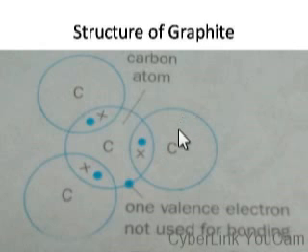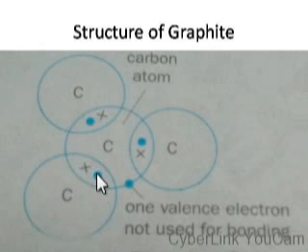These shell diagrams will show you how each carbon atom is bonded to 3 other carbon atoms in graphite. You can see this is a carbon atom having 4 electrons in its outermost shell: 1, 2, 3, 4. So it will donate 3 electrons, and each other carbon atom will share 3 electrons with it, and the 1 electron and the other electron from its own self with it.